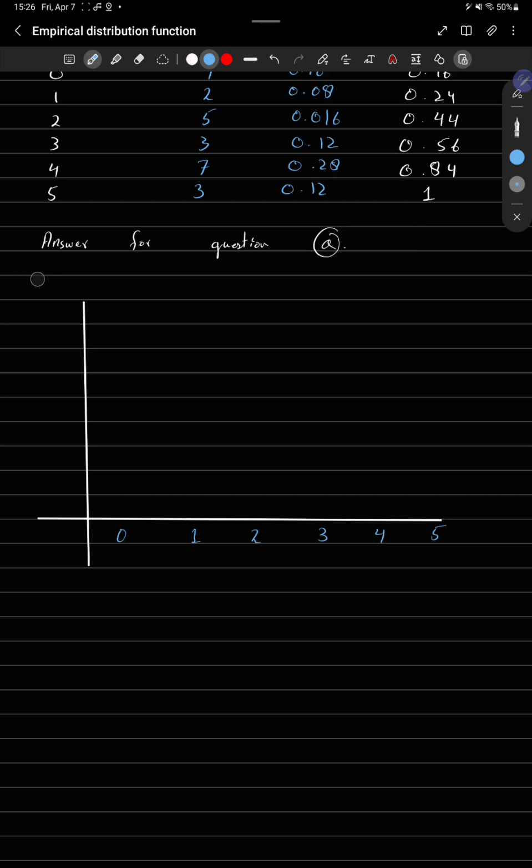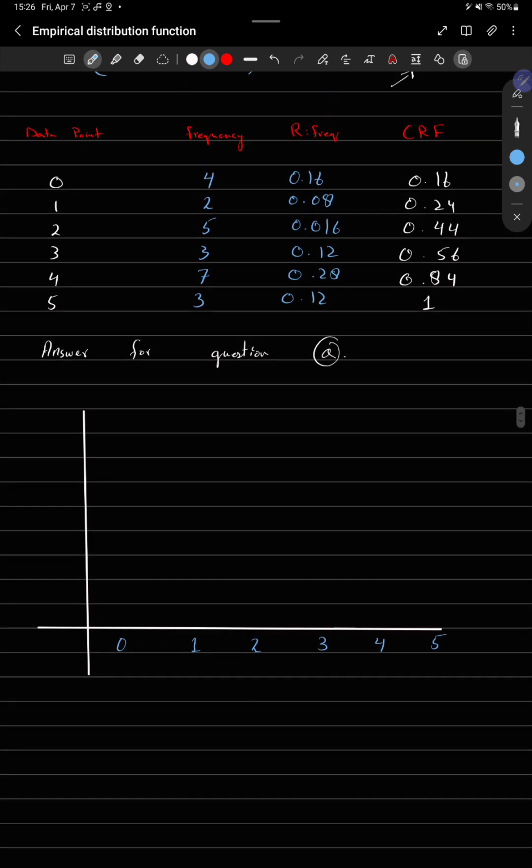So for the y-axis we can write 0.10, 0.20, 0.30, 0.40, 0.50, 0.60, 0.80, 0.90, and in the end we get 1.